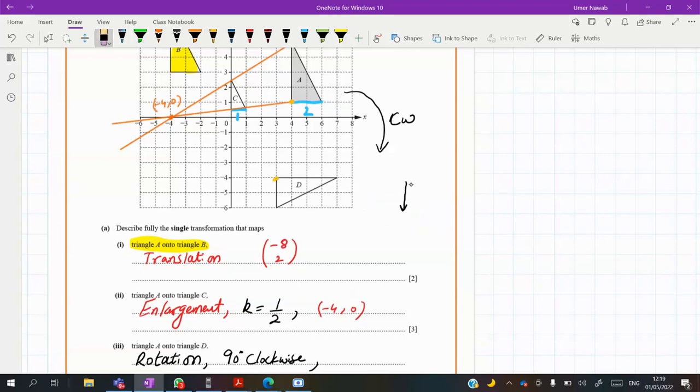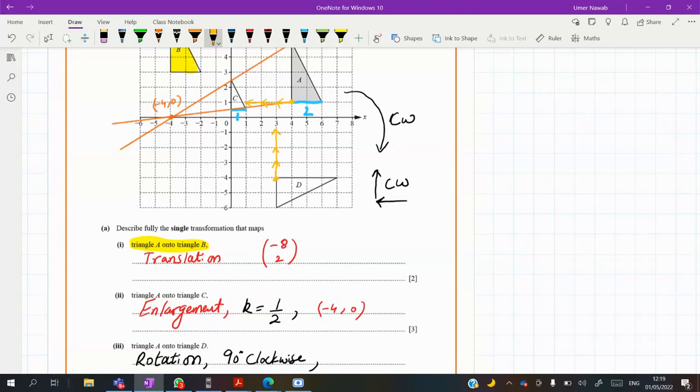For the clockwise, I'm going to write the clockwise direction, this and this. This is also a clockwise direction. Now I move in this direction, and I move this way, this way, this way, this way.